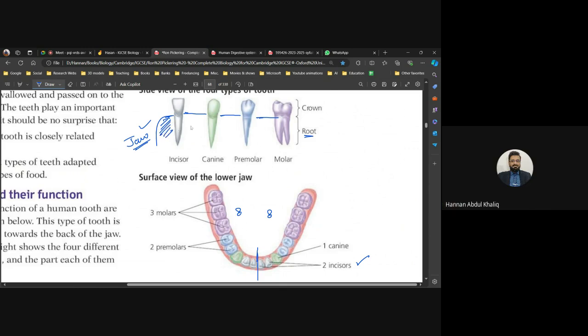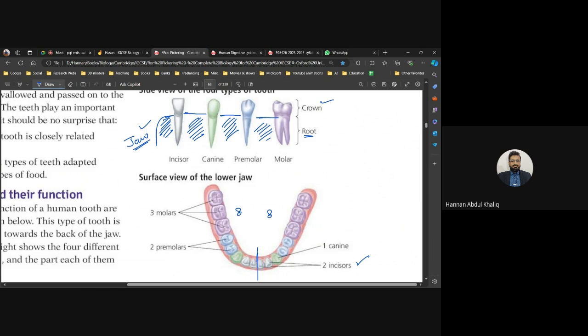Yes, the pointy part is the root. So this picture mostly deceives the students. They look at the pointy part. No, no, no. You don't need to look at the pointy part. Just take a look at the upper part, which is the crown. Crown is basically the part of the tooth that you often see. Whenever you look in the mirror, you see the crown, not the roots.